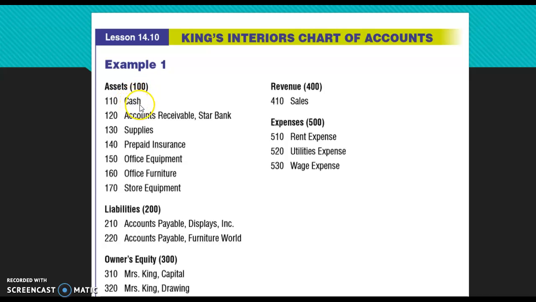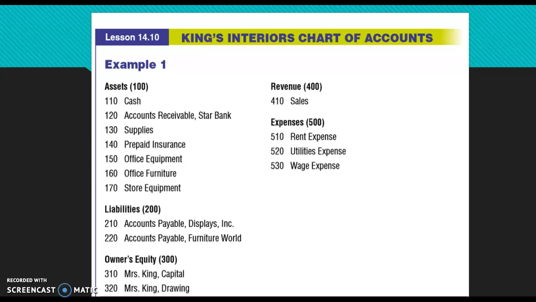So notice that the assets are listed in order of liquidity, or how quickly they're going to turn into cash. Cash is always first, then accounts receivable, then supplies, because you're going to use supplies pretty quickly, prepaid insurance, office equipment, office furniture, and store equipment.